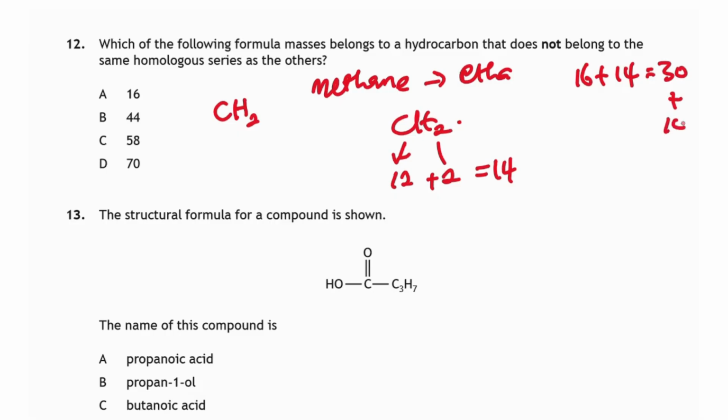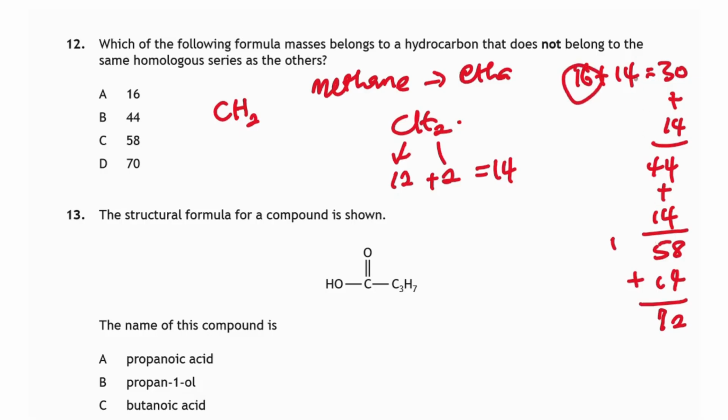If we add 14 again, we have 44. If we add 14 again, we have 58. And if we add one more 14, we have 72. So from here we can see 16, 30, 44, 58, and 72. So I believe the odd one out here is 70, because 70 is less by 2 masses.